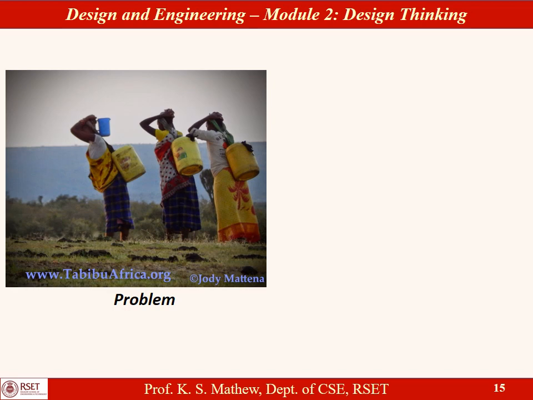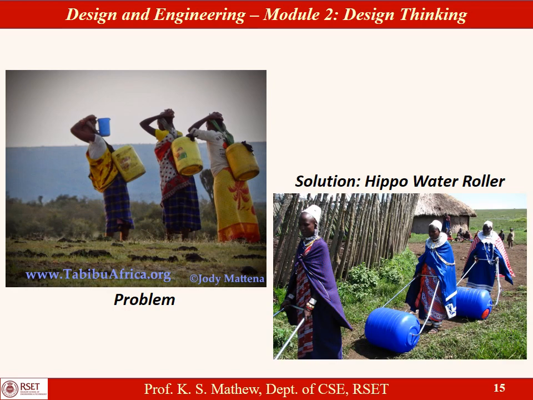But these ladies have to carry water for their household use from a distant place, and travel about 3 kilometers, 45 minutes to reach their home every day. They have to do this every day. It was a very difficult situation for them, and somebody observed this and came up with a solution called the Hippo water roller.